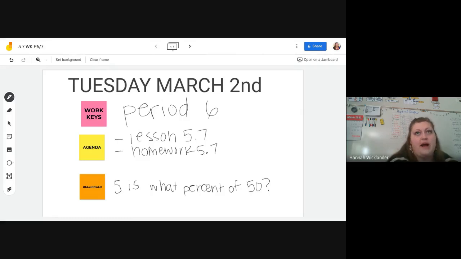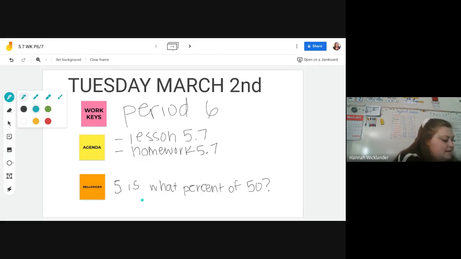Today's bell ringer 5 is: what percent of 50? So I'm going to make this into a math sentence. 5 is means to multiply, what means X, percent of is equals 50.